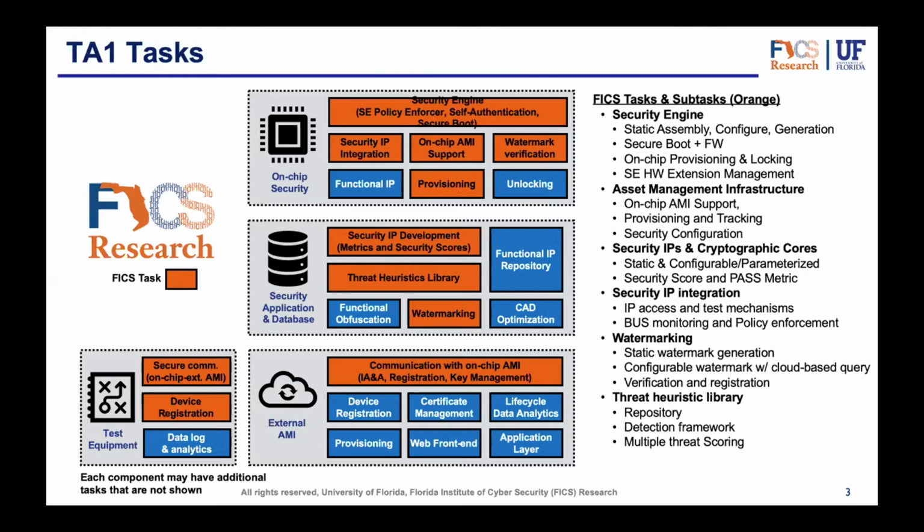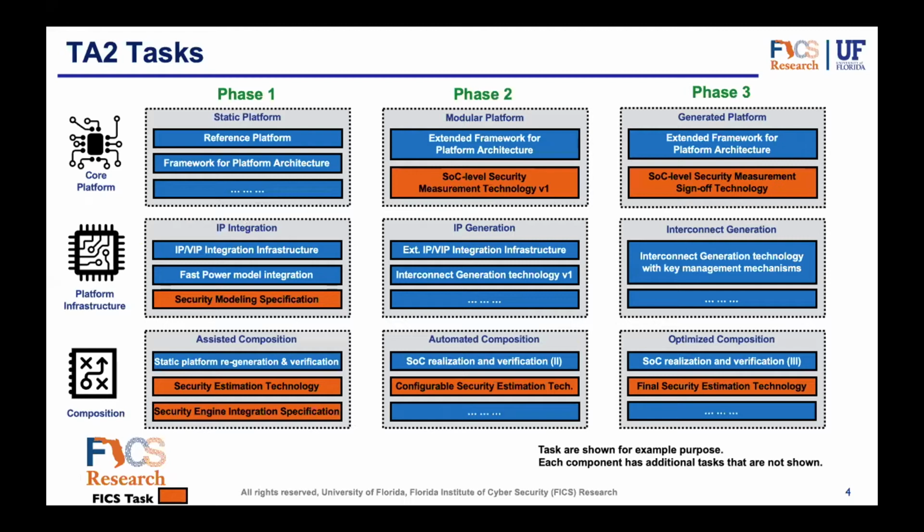We also spend quite a bit of time on developing this on-chip AMI to securely communicate with cloud AMI. We work with Synopsys also on developing secure communication from the fab floor all the way to cloud and AMI for the purpose of enrollment and chip personalization and so on and so forth. Task 2 focuses pretty much on rapid platform development, again with the PASS metric.